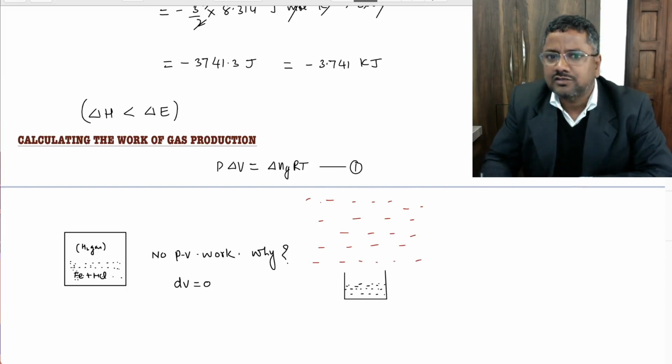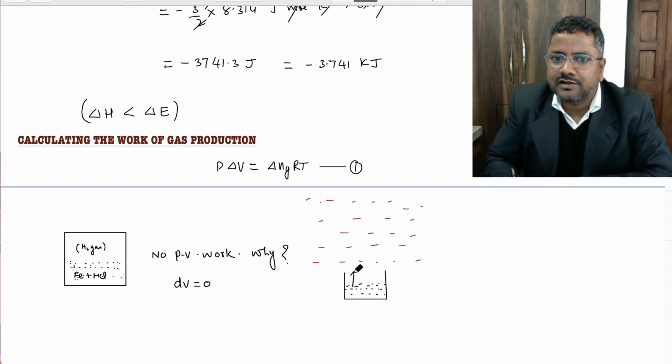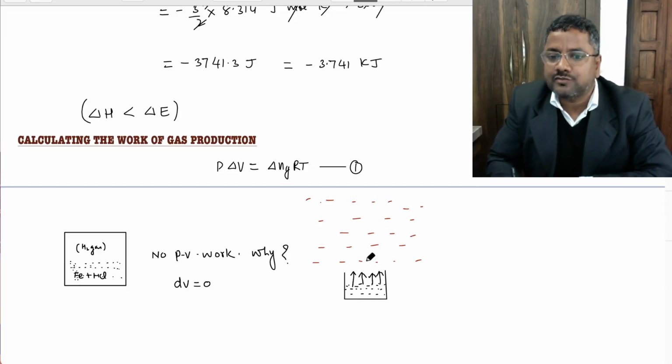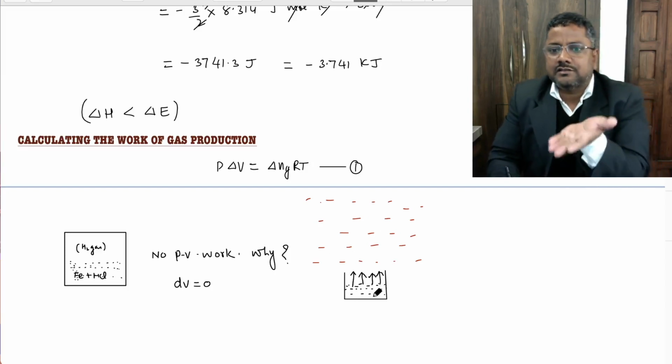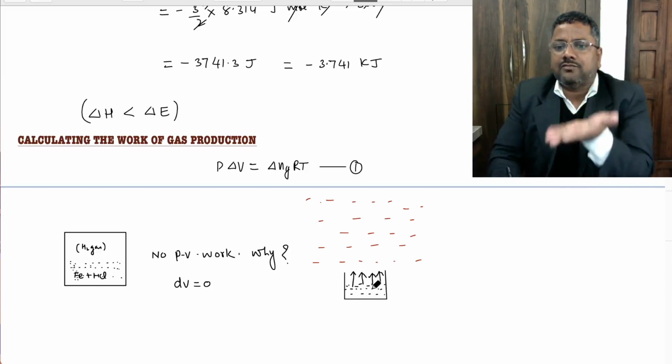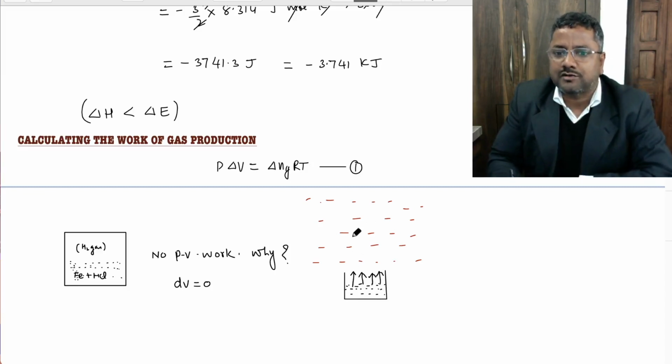And now this hydrogen gas is released. So when hydrogen gas will release, this will push the atmosphere. So basically the PV work in this case is due to the pushing of atmosphere upward.